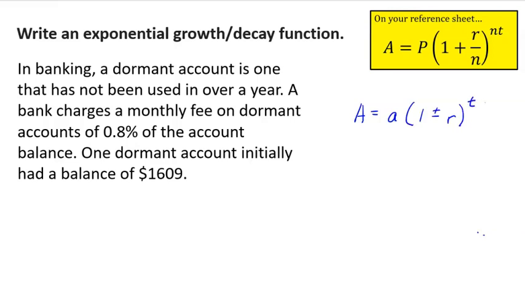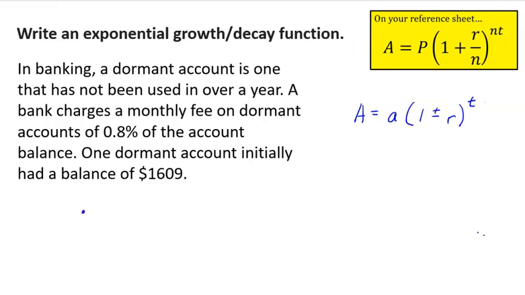So let's go ahead and read the problem. It says, in banking, a dormant account is one that has not been used for over a year. So you threw some money in and then you didn't do anything with it. A bank charges a monthly fee on dormant accounts of 0.8% of the account balance.